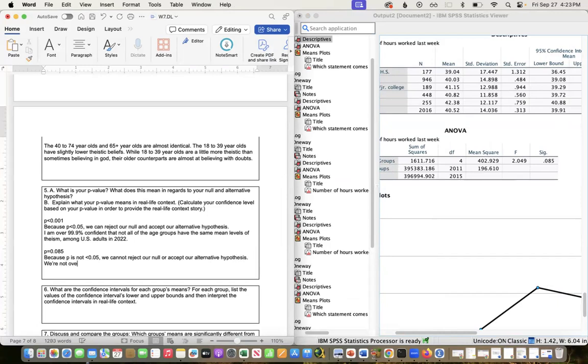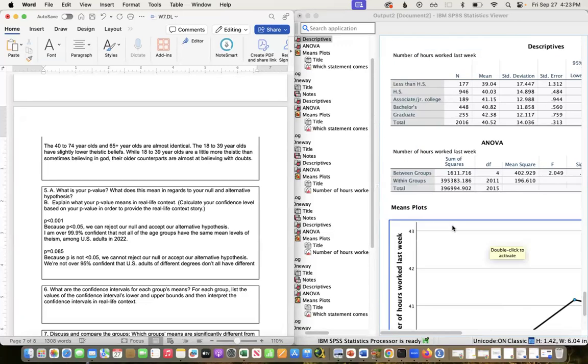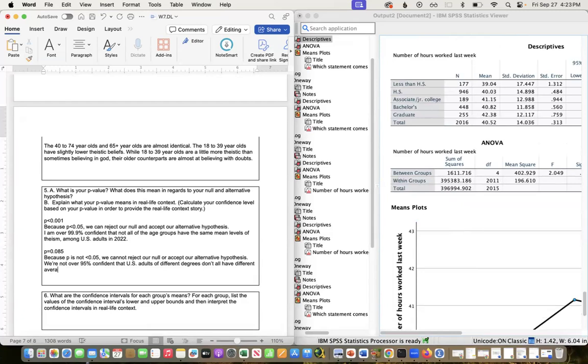And so we're not over 95% confident that the education levels, that US adults of different degrees don't all have different average number of hours worked last week.